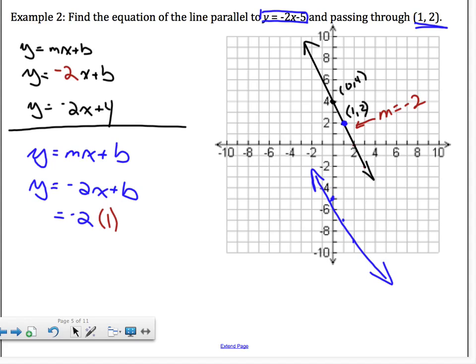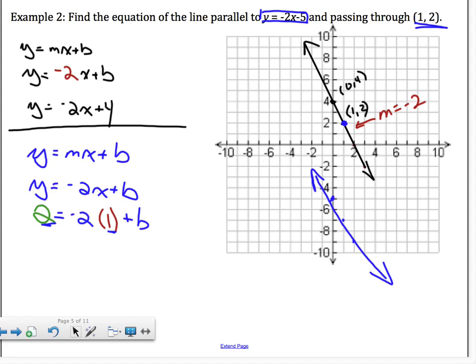That means when x is 1, when the independent value is 1, the resulting value is 2. That's what we see by that linear relationship. So when x is 1, the value of y is 2.